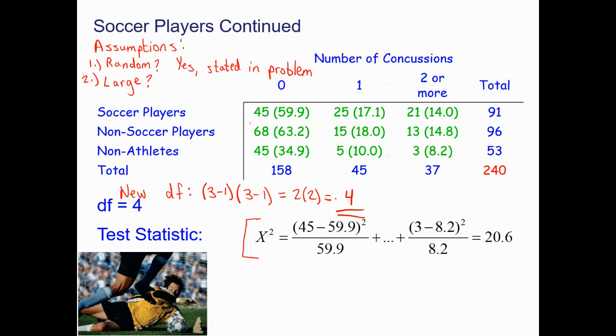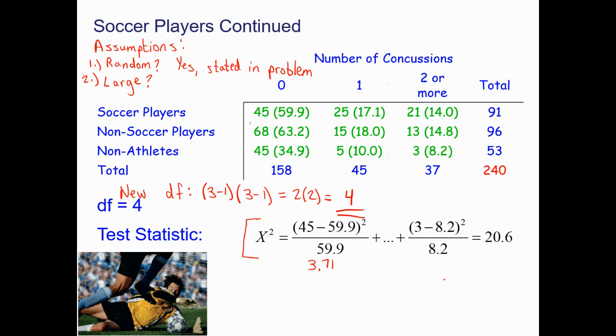So I didn't even do that in my notes. Let me reach back here and do it real quick. So 45 minus 59.9, squared, divided by 59.9. Let's say I go through and I calculate all of these.